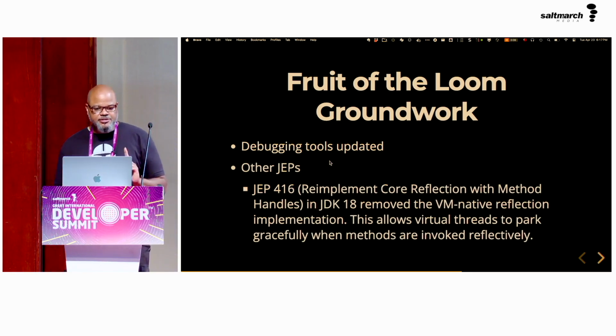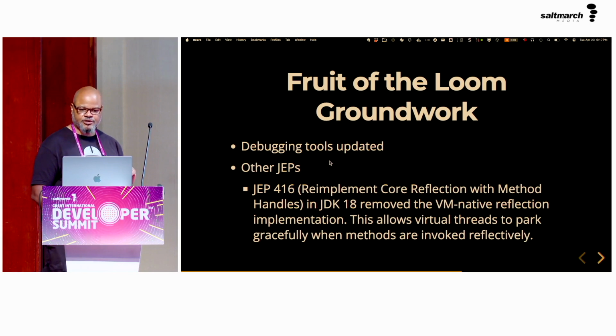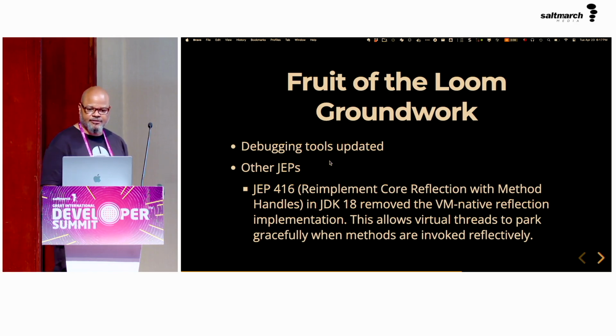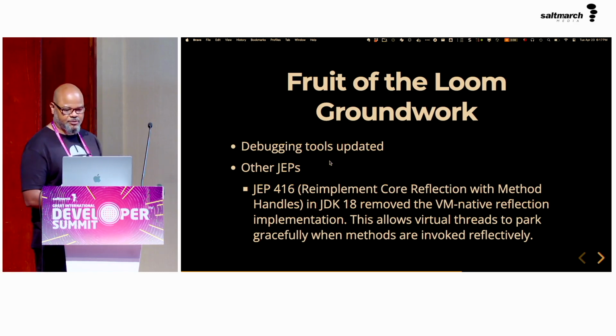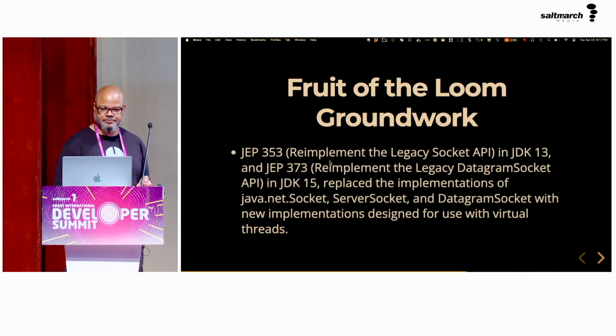And over the years, there have been several other Java enhancement proposals, JEPs, that have been used. So one is re-implement core reflection with method handles. That was in JDK 18. That removed the VM native reflection implementations. So that was important.